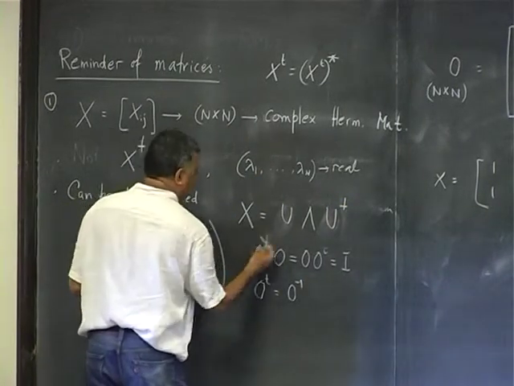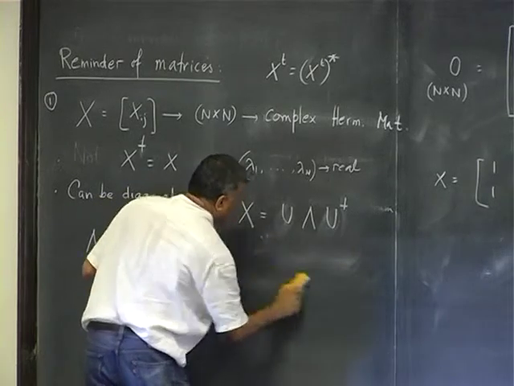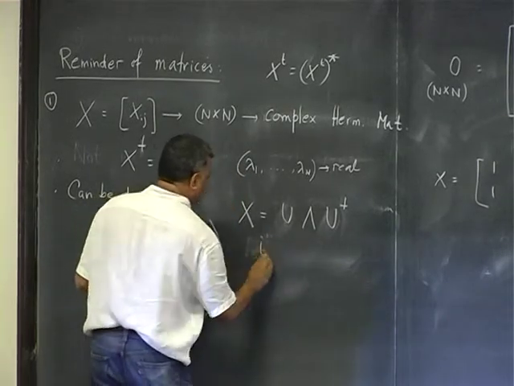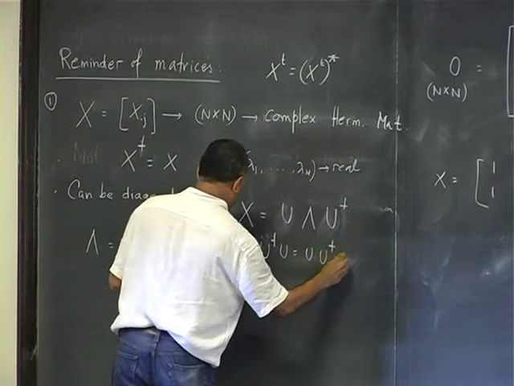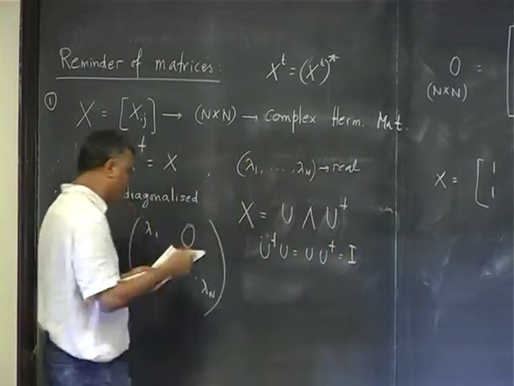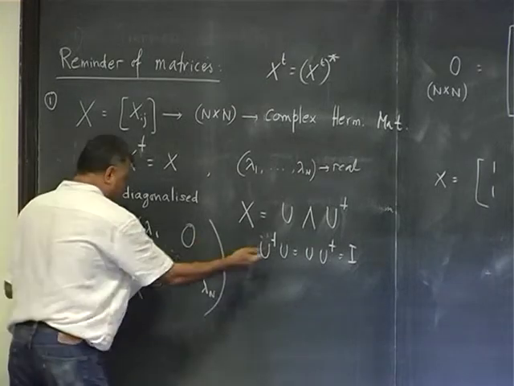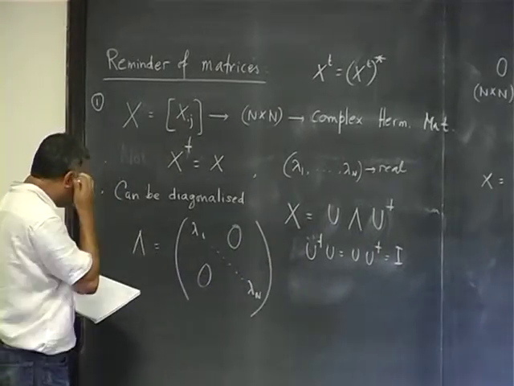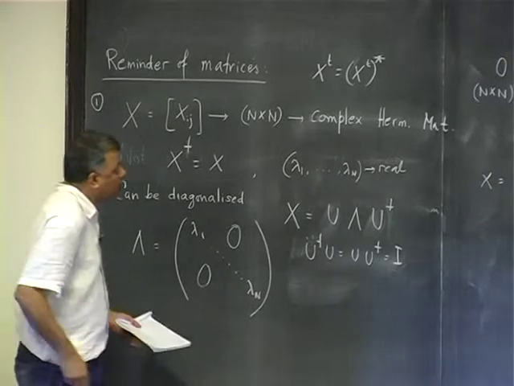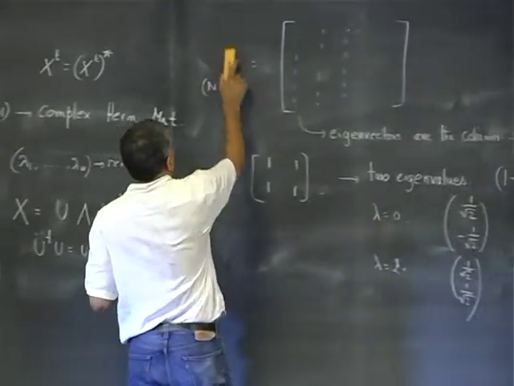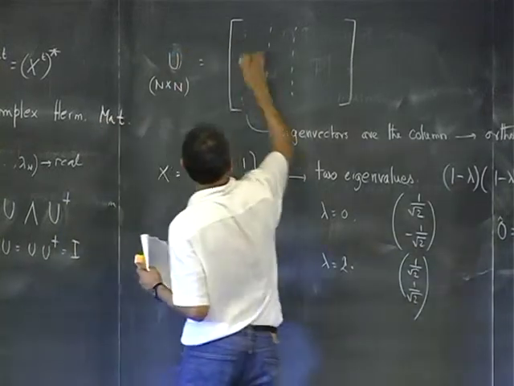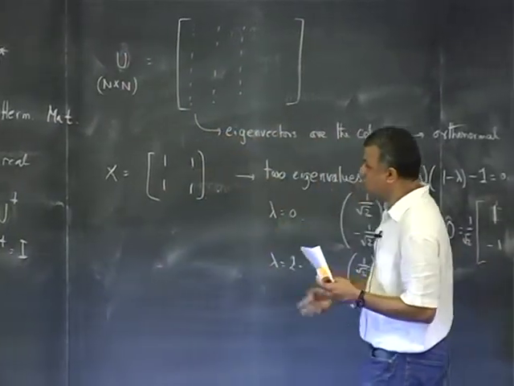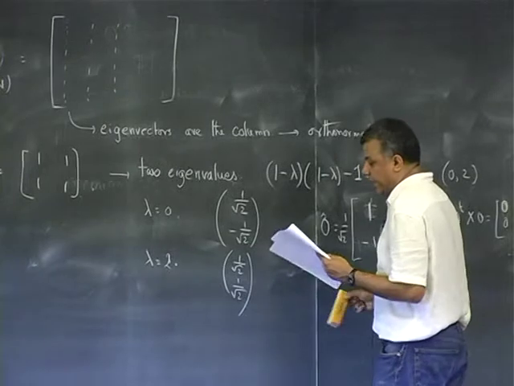Where U is now a unitary matrix, which is the definition here. And once again the diagonal matrix will be like that, and the matrix U will be an n by n unitary matrix whose columns will be the eigenvectors of this X matrix.